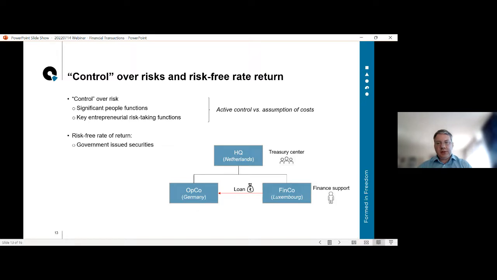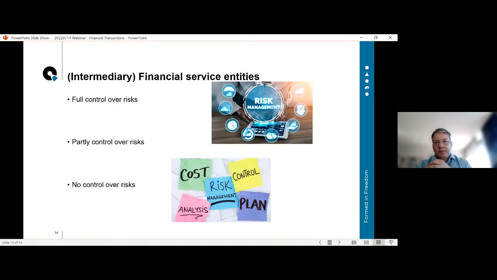And what the Ministry of Finance does in the decree, as Theo already mentioned, they basically describe two positions that are completely opposite. So as you can see on the next slide, the first situation that is described is the situation in which a financial service entity has full control over risks.